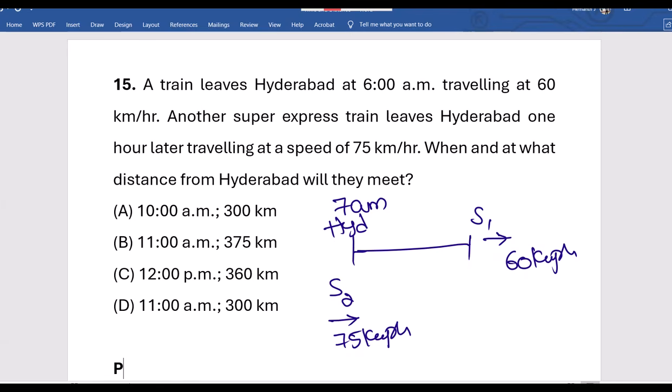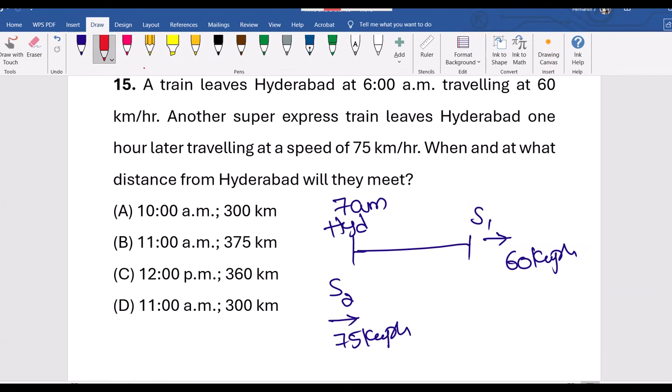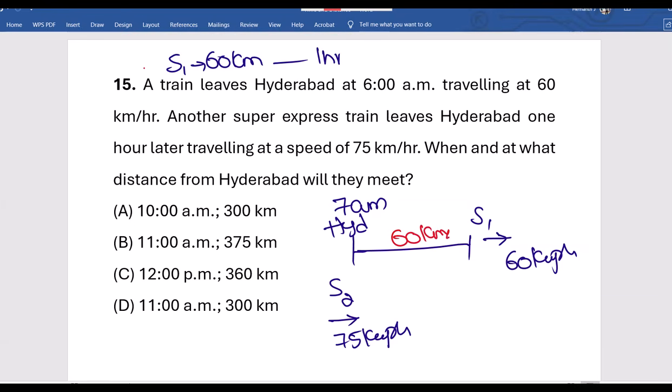Now what is the distance between the first train and the second train right now? First train speed is 60 km per hour. The first train started at 6 a.m. and now the time is 7 a.m., so in 1 hour it covers 60 kilometers.